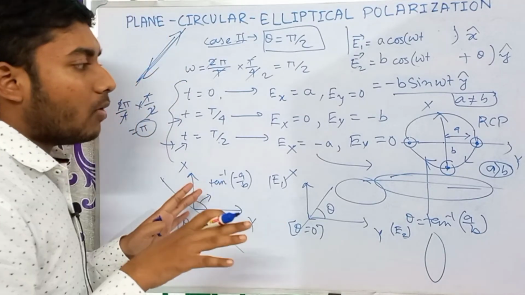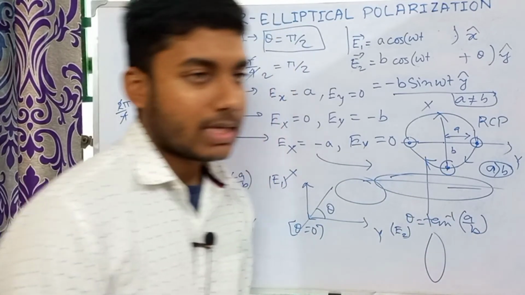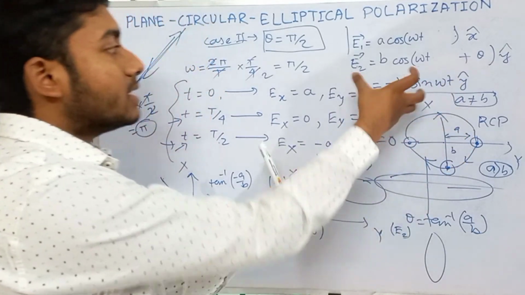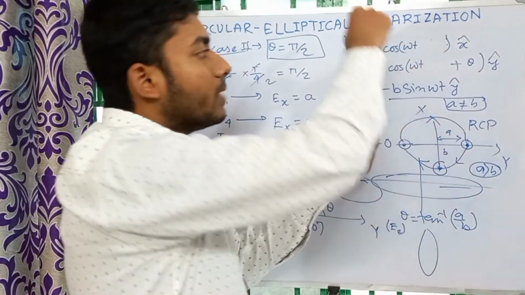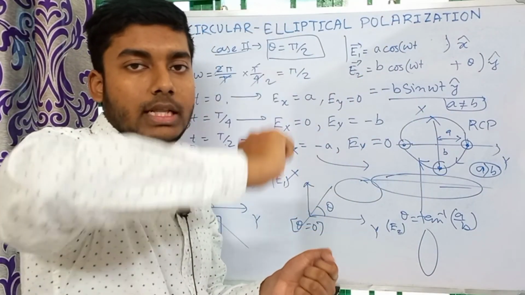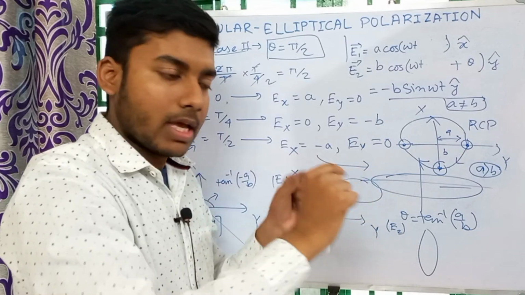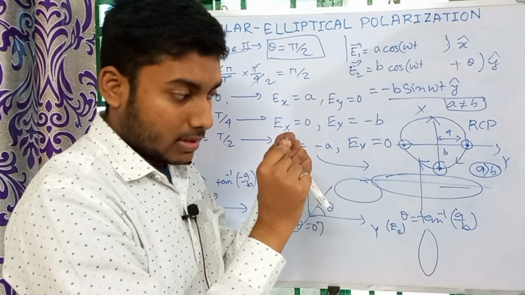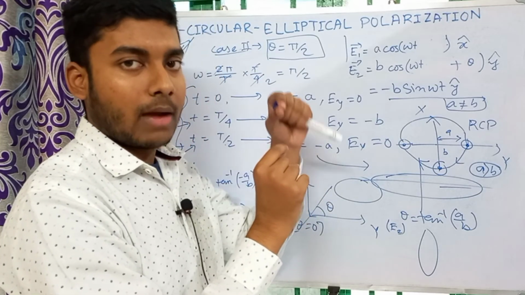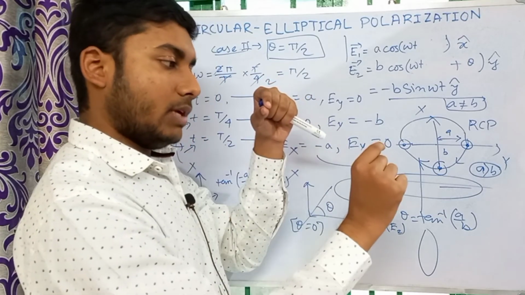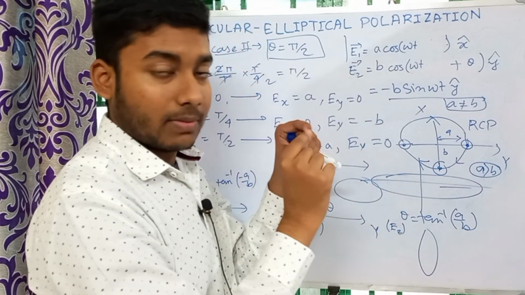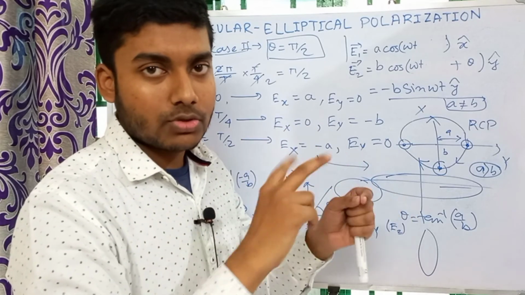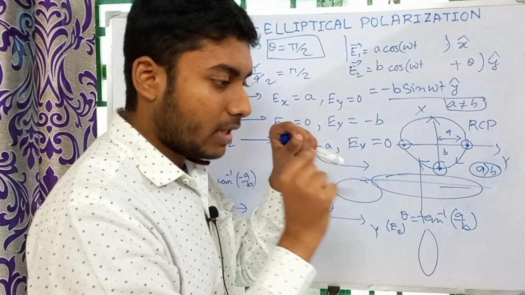Now if you want to understand this in a physical sense, the A and B components: suppose one is moving in x direction, the electric field component, and the other is moving in y direction. These two start at the same instant, the electric field component starts to move in upward direction, and Ey also starts at the same instant of time. We call that in phase. These two are in phase, that is, the motion is in phase.